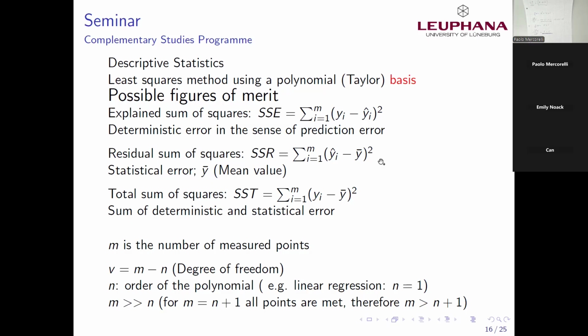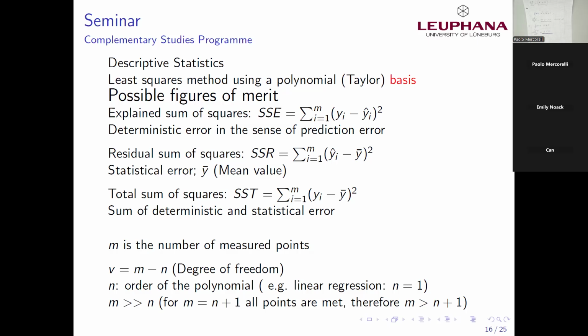SSR is a statistical error because we can see that instead of each point, we have the mean value of the measurements here. I didn't put the bar of the mean on the measurement. I'm telling you now because the slide could be improved. Of course, this cost function is more statistical than the other one. This here, do you remember, I told you is basically the variance of the measurements.